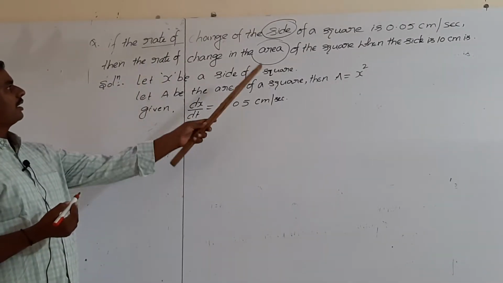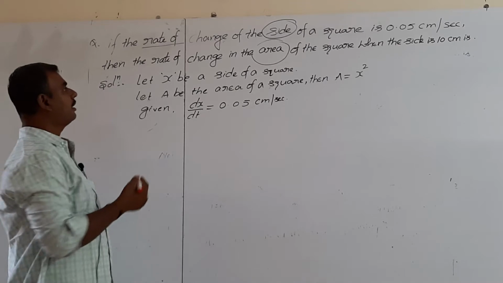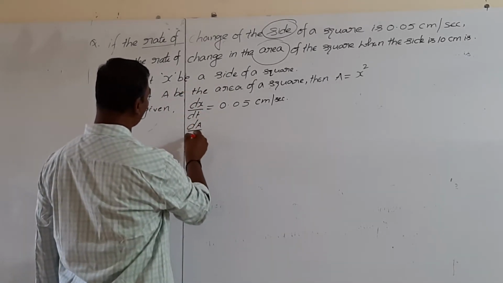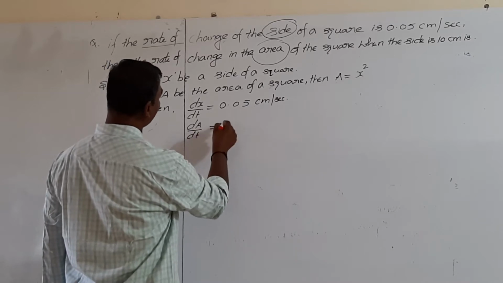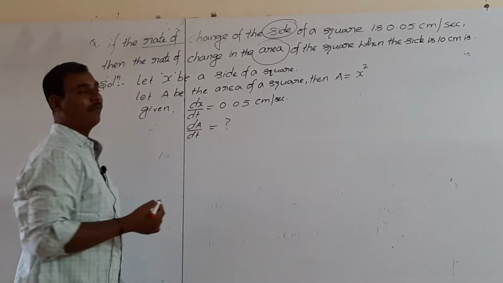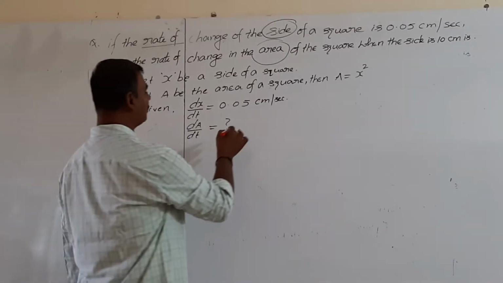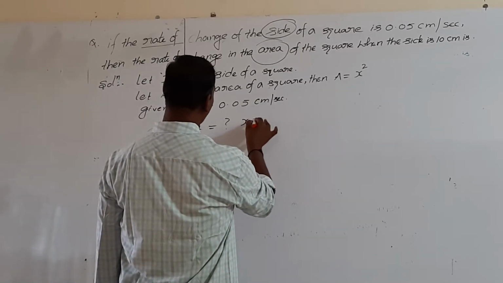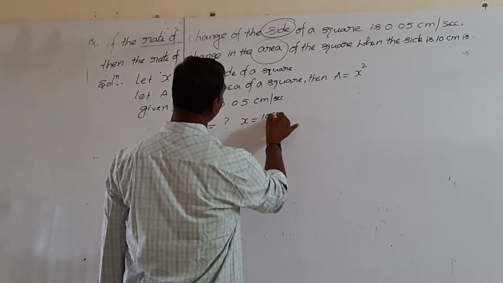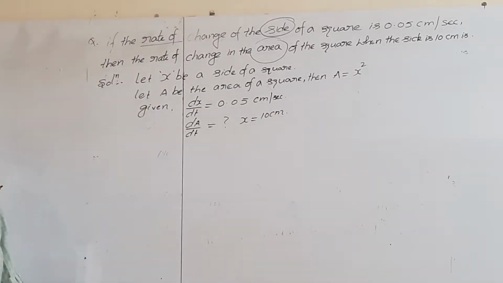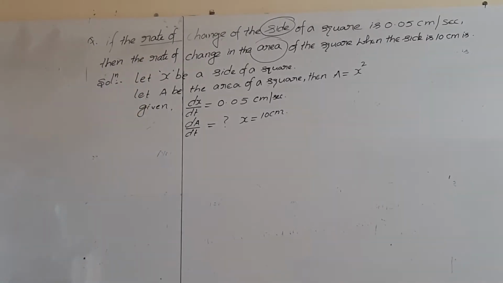What is asked in the problem? The rate of change in area with respect to time, dA by dt, is our question mark, at the instant when the side x is equal to 10 centimeters. This is the given data from the problem.